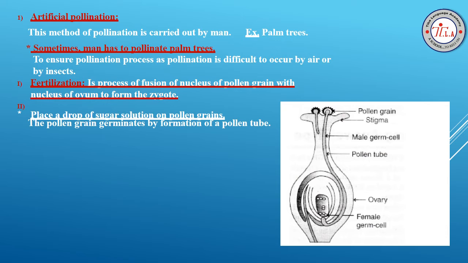What is meant by fertilization? It's the process of fusion of the nucleus of the pollen grain, the male gamete, with the nucleus of the ovum to form the zygote.